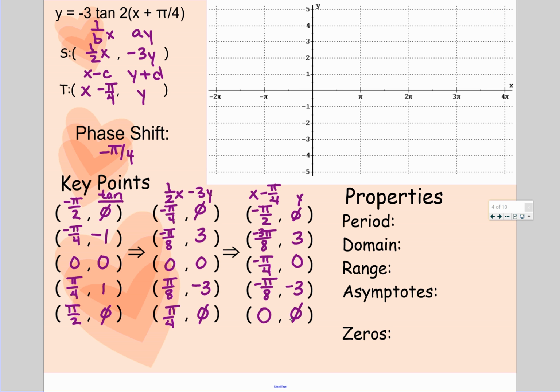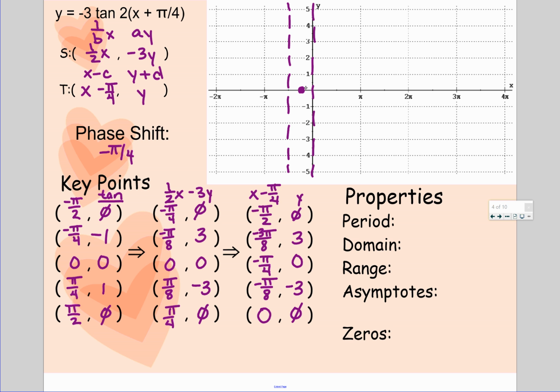Nothing's changing. Graphing this. Negative pi over 2, we're going to make an asymptote. Vertical dashed line there. 0, we have an asymptote, so that's going to be on the y-axis. In the middle of those asymptotes should always be a 0, so negative pi over 4. I'm on the axes.